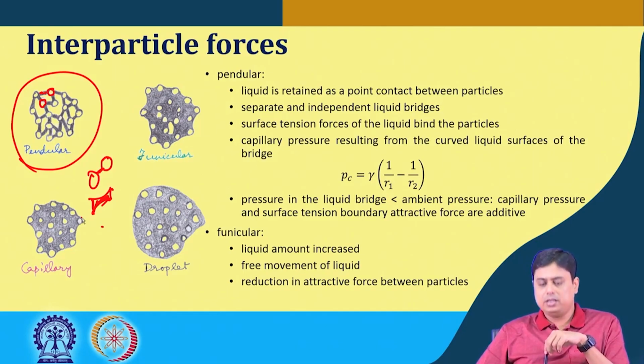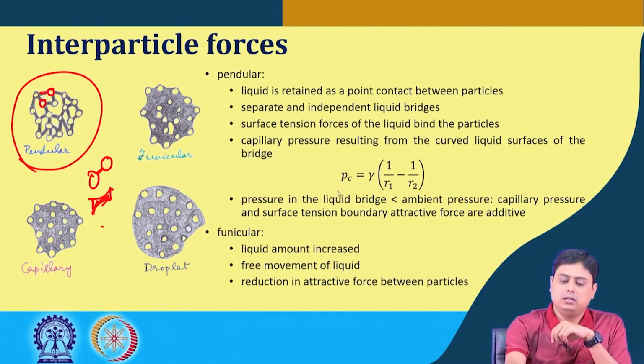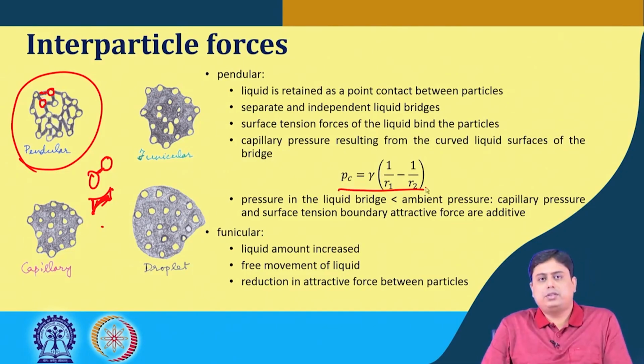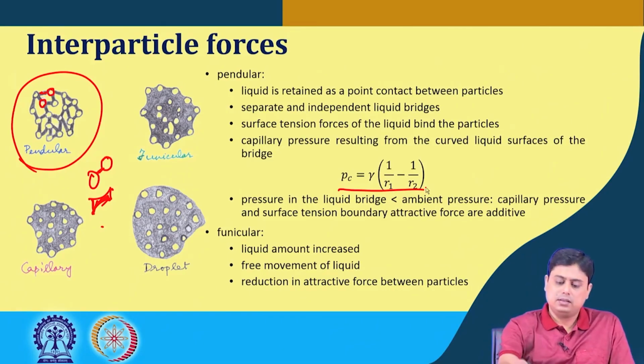The capillary pressure is measured as the surface tension multiplied by (1/R1 + 1/R2), where R1 and R2 are the radii of curvature of these surfaces, and this is the surface tension.